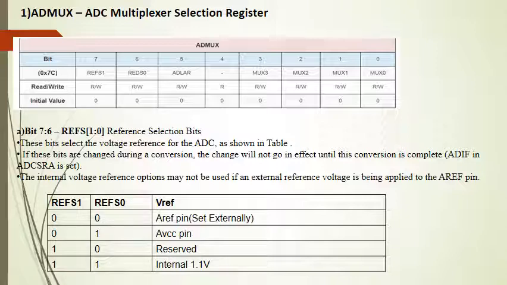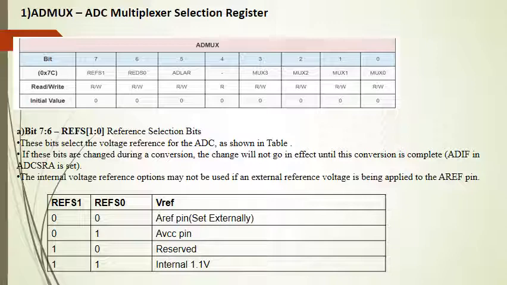The low reference is by default 0, and for the higher reference we have options, that is AREF, AVCC, and the internal 1.1 volts. So how to select that? As you can see in the table, if in the seventh and the sixth bit we write 00, then the AREF pin is selected as the higher reference, but we have to give the voltage from outside.